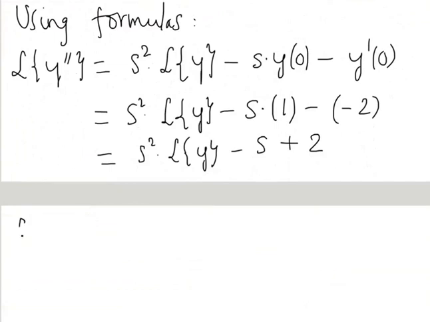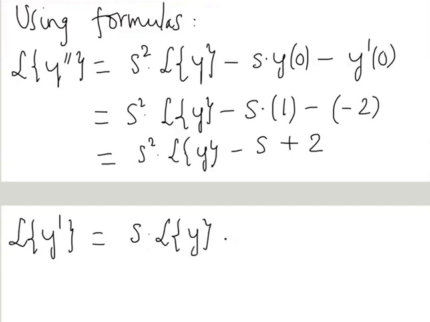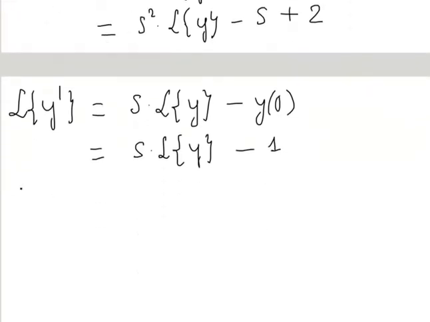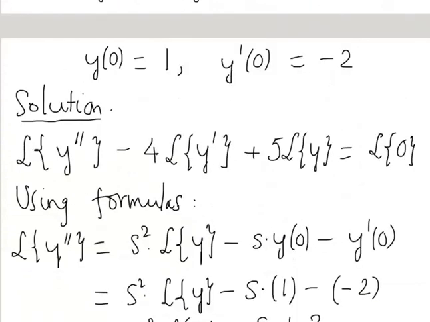On the other hand, Laplace transform of y prime is s Laplace transform of y minus y(0), and we get s Laplace transform of y minus 1 because y(0) is 1. Now we plug into the equation star that we obtained by taking Laplace transform.